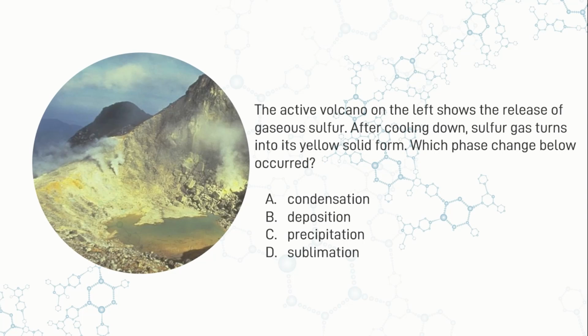Question number 2. The active volcano on the left shows the release of gaseous sulfur. After cooling down, sulfur gas turns into its yellow solid form. Which phase change below occurred? A. Condensation. B. Deposition. C. Precipitation. Or D. Sublimation.